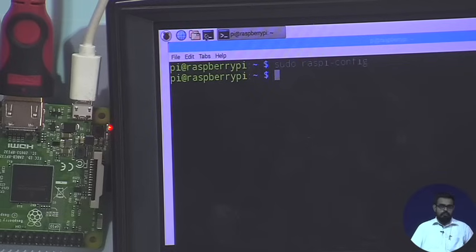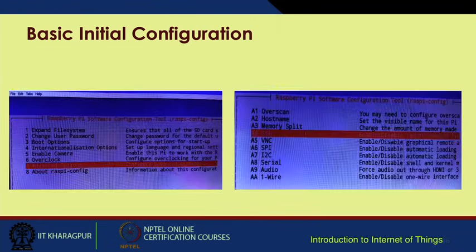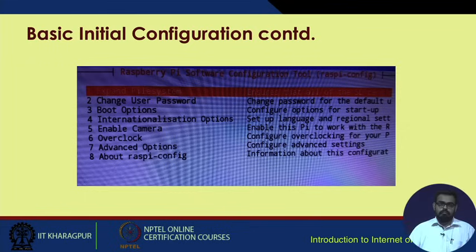Now coming back to the presentation, once the SSH has been enabled, so we have covered this thing. Then file system expansion we have explained. So as you remember from the live demo, this option was there, the first option, expand file system.